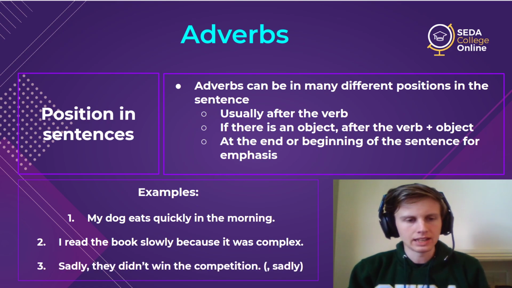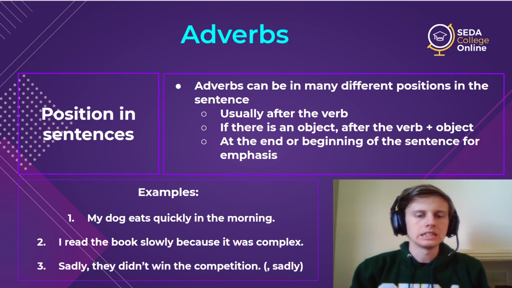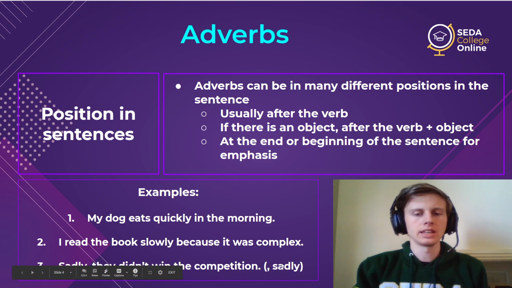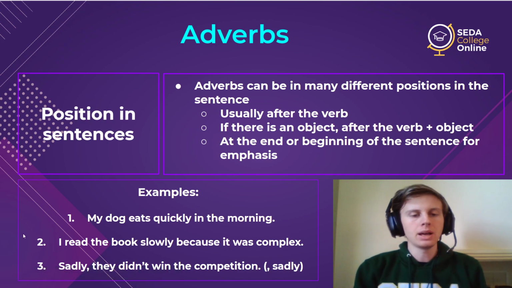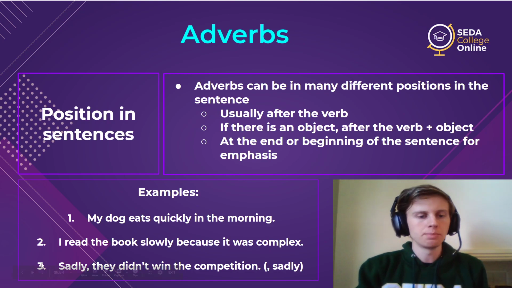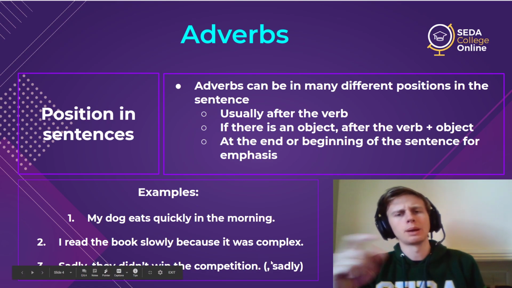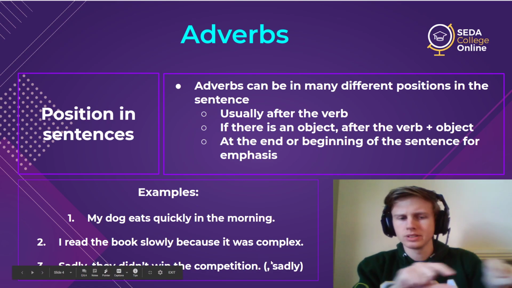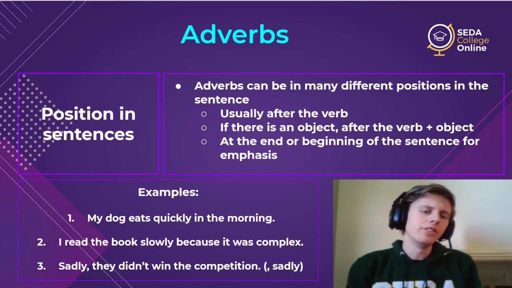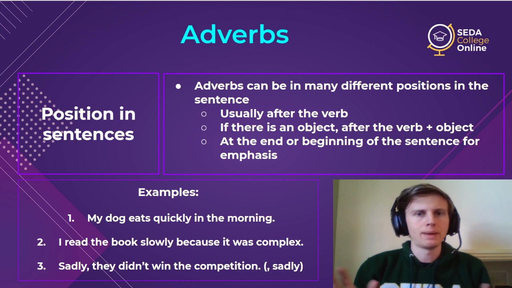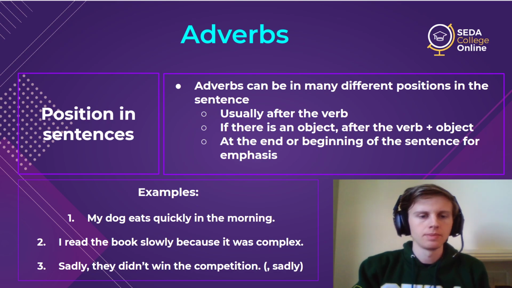But you can do something like this. Sadly, they didn't win the competition, or they didn't win the competition, sadly. Either way, you can put it at the end or the beginning. It doesn't really matter. But this is an option. And you can see here that this is special because it requires commas. I know, I'm sorry, the little box there. You can see the comma there after sadly, and this shows that this is somewhat of a more special position.